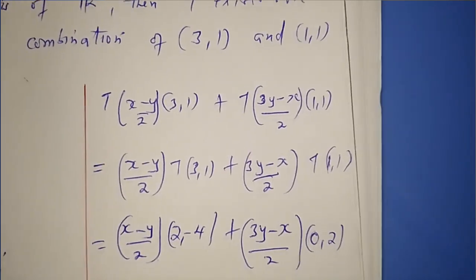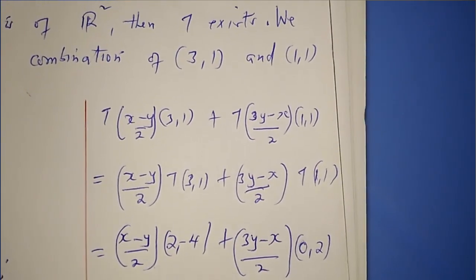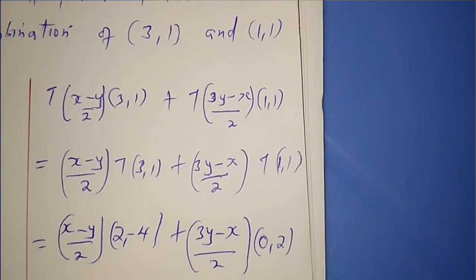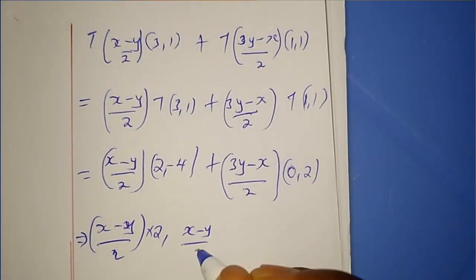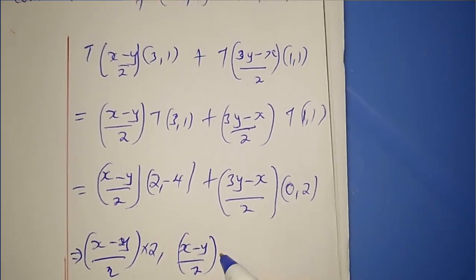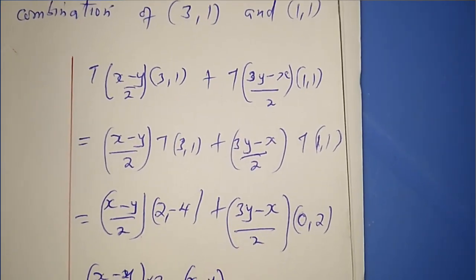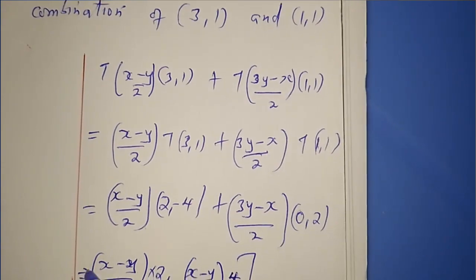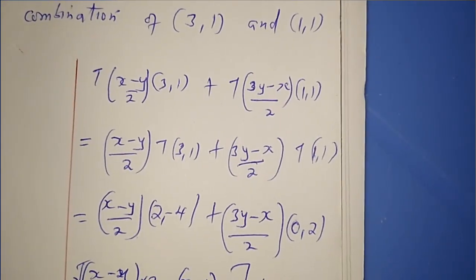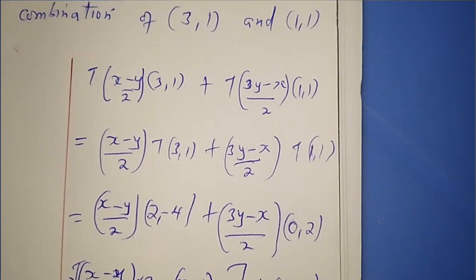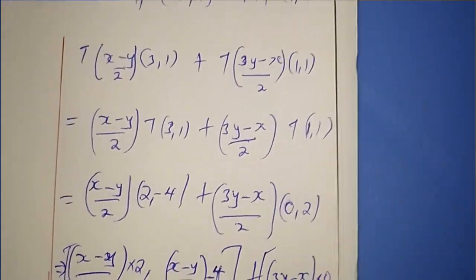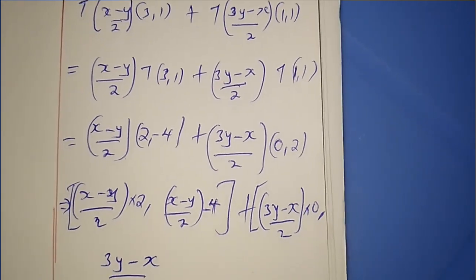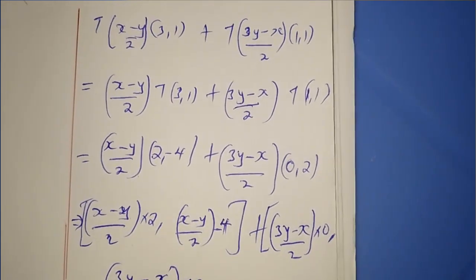So this is (x − y)/2 times 2, then (x − y)/2 times −4, then (3y − x)/2 times 0, then (3y − x)/2 times 2. Are we there?